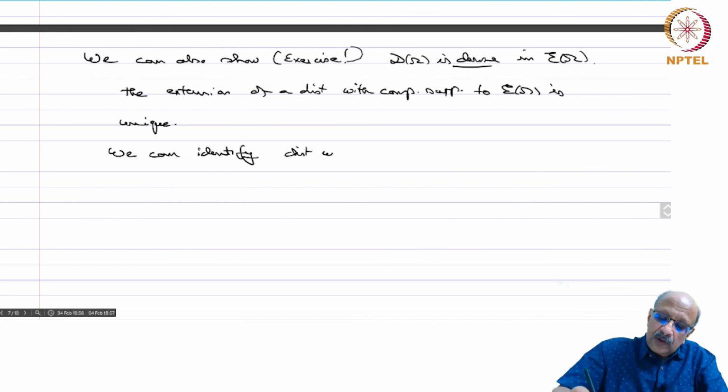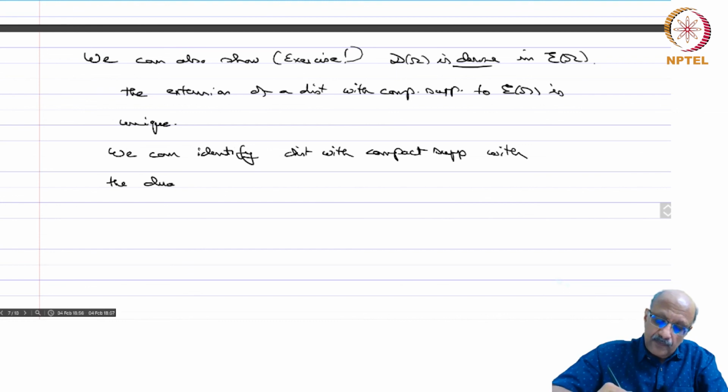Therefore we can identify distributions with compact support with the dual space of E of omega.